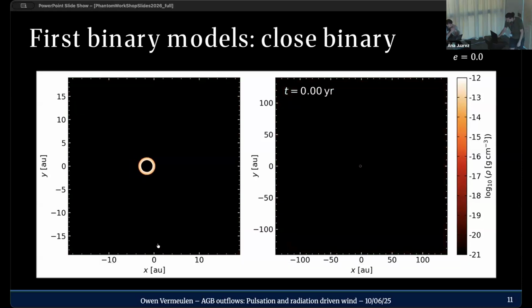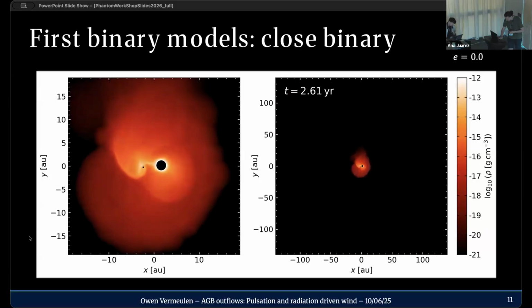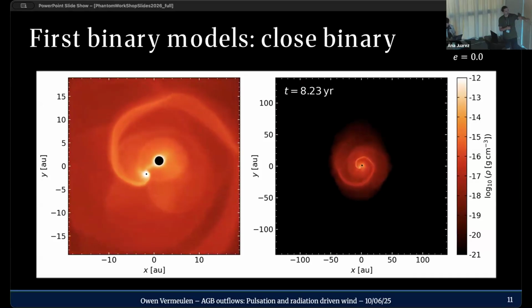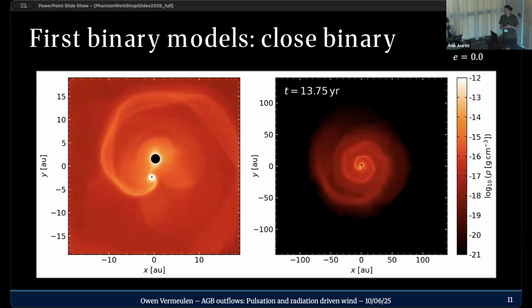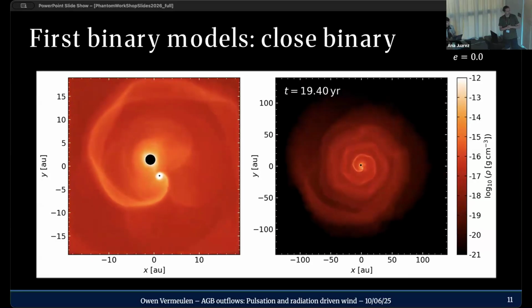This is even more pronounced when you also go to a closer binary. So now we have a binary at 4 AU. Transient, of course, of your first shock. But now, for example, you see a nice stream of material between the primary and the secondary. So also a strong deformation of your pulsation shocks.